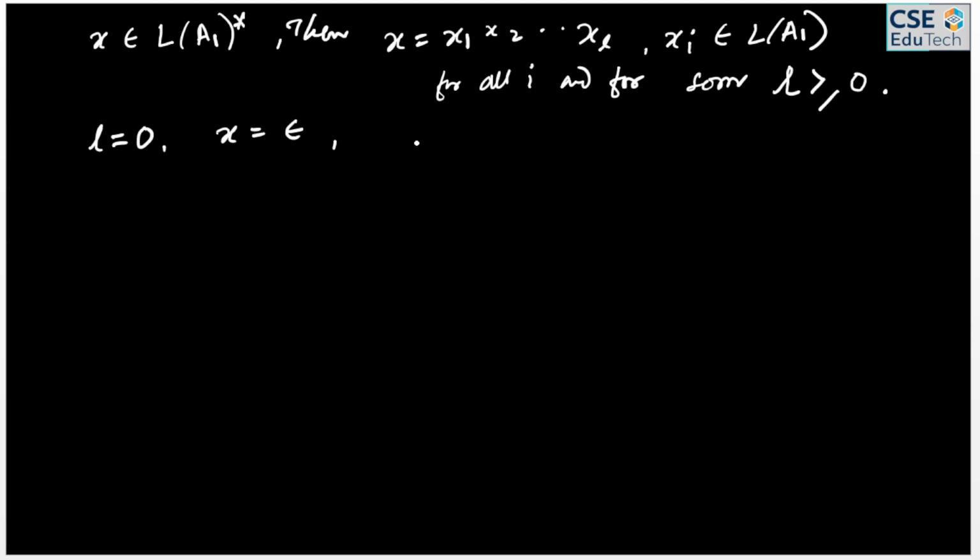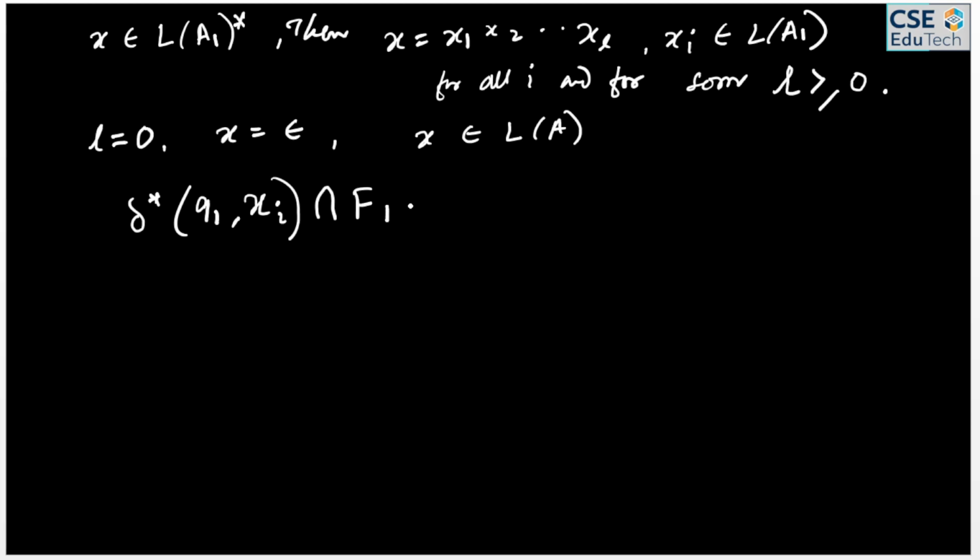So clearly x belongs to the language accepted by this automaton A. Otherwise there should be a path, that is delta star starting from q1 after processing each string xi, and its intersection with the states F1 should not be empty.